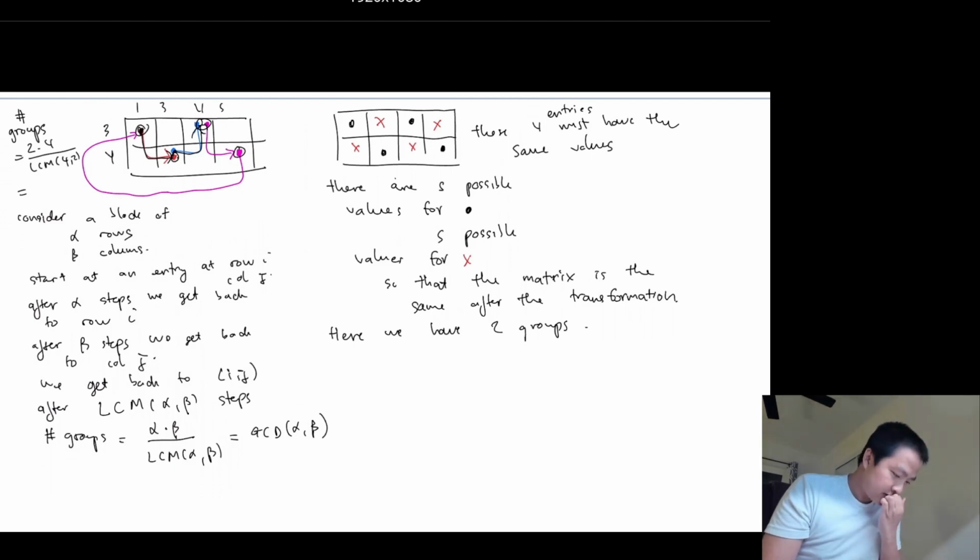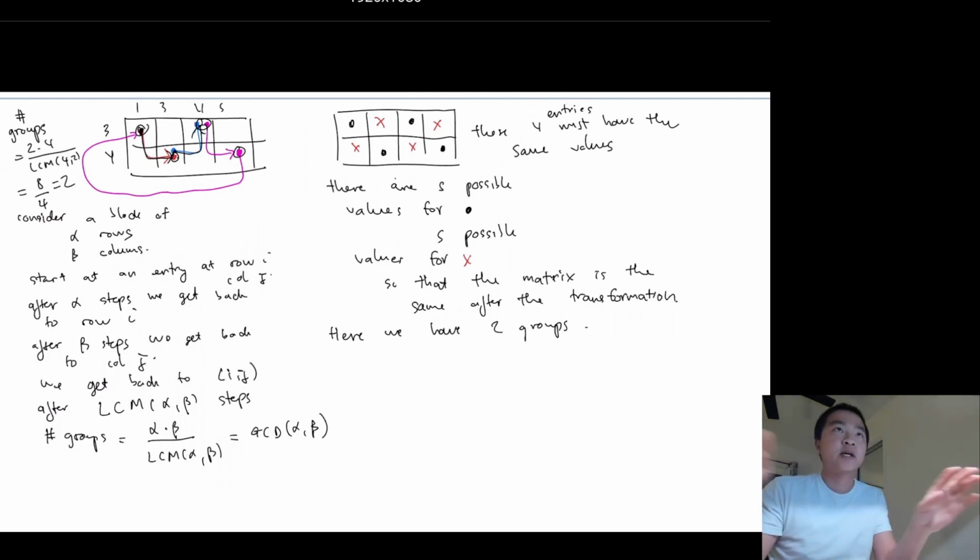Oh yeah, so this should be 8 divided by 4. So then we have two groups, right? These two groups are the black dots and the red crosses. So the color within each of these two groups must be the same. And this must happen for every block.